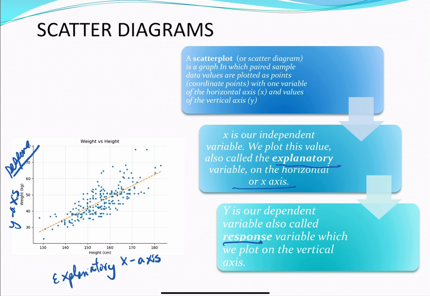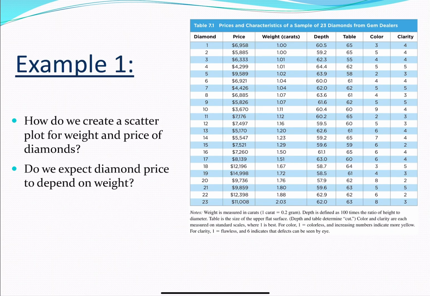So let's look at our first example. How would we create a scatter plot for the price and weights of diamonds, right? Do we expect the diamond price to depend on weight? Yeah, right? Like a bigger diamond would be a more expensive diamond, I would think.